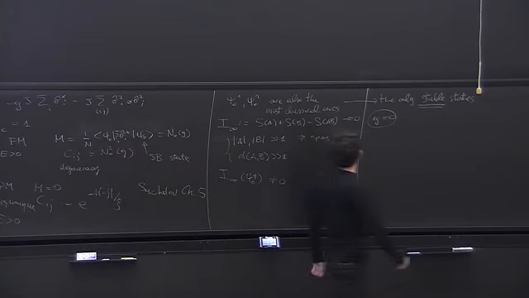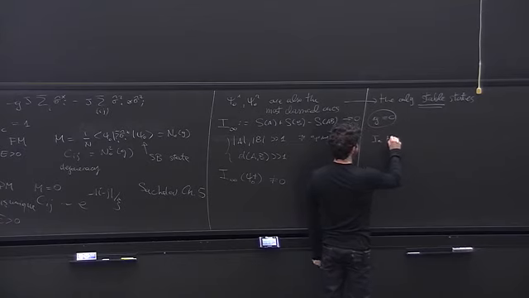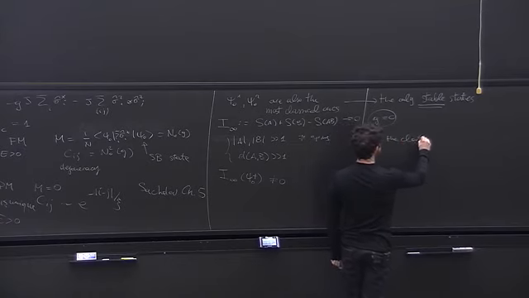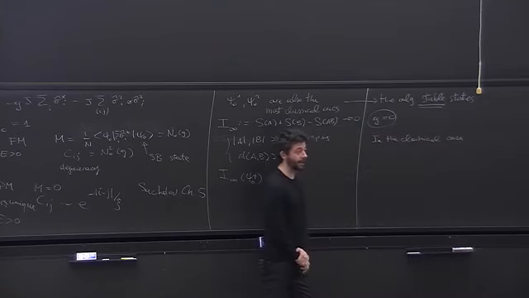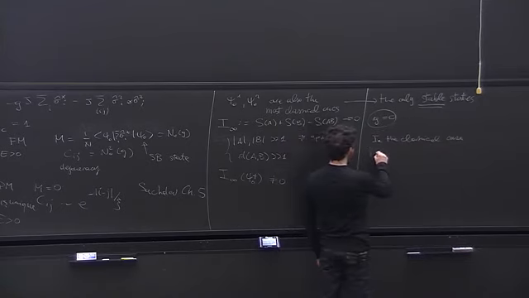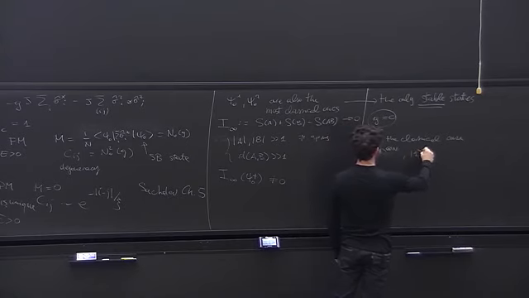Okay. So let me first consider the classical case. Our ground states are in fact all spins up and all spins down.